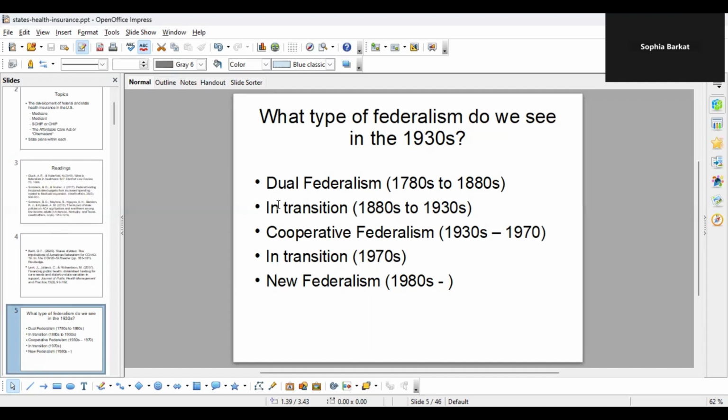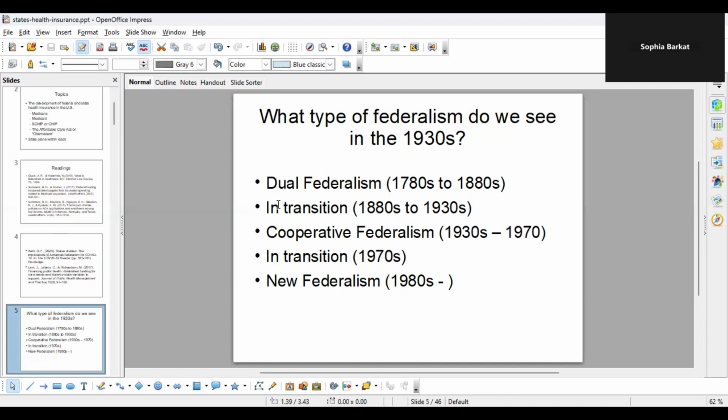They can't take care of the general welfare of their populations because they just don't have money. And this is something we'll focus a lot on as we move forward in the rest of the semester.